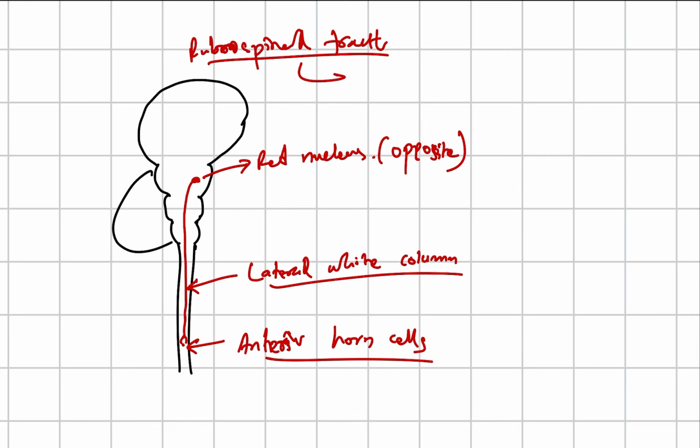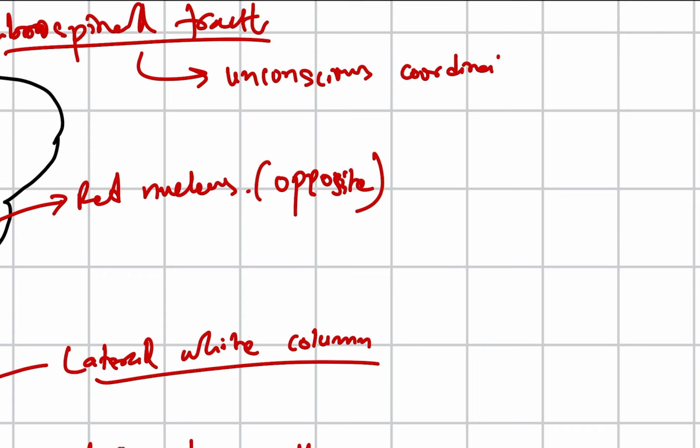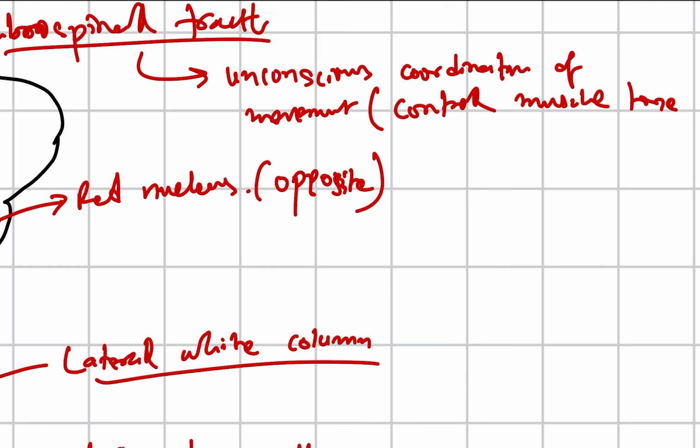When we discuss the function of this rubrospinal tract, it is unconscious coordination of movement, control of muscle tone, and synergy.